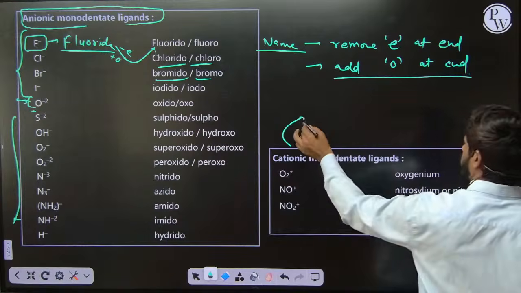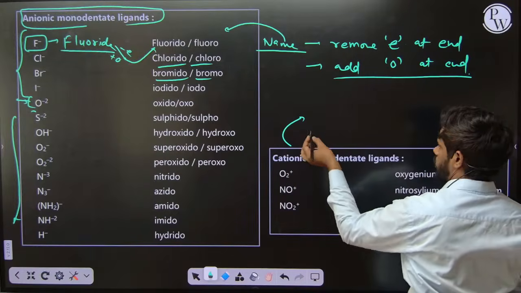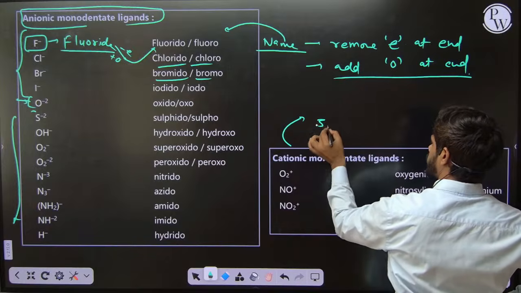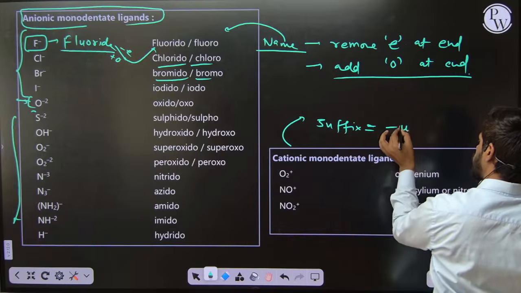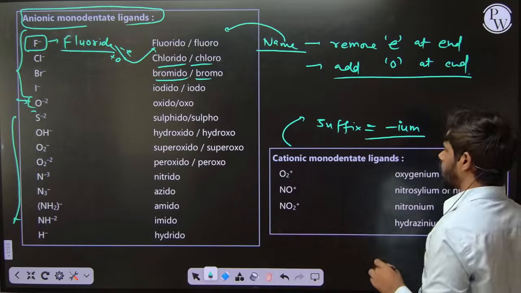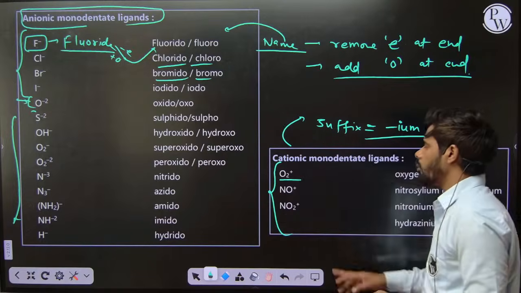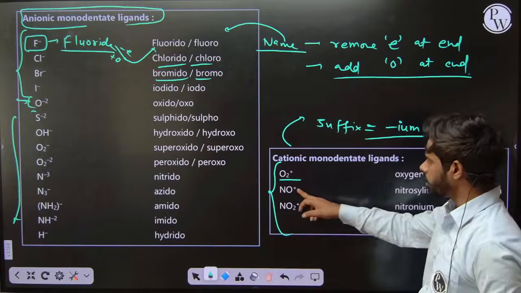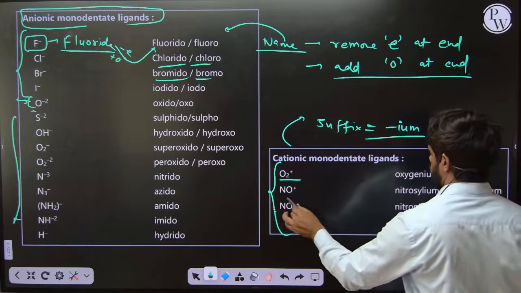In the case of the name of a cationic ligand, the suffix we add is IUM. We add IUM in the case of a cationic ligand. This one is formed from oxygen and is known as oxygenium. This is nitronium.